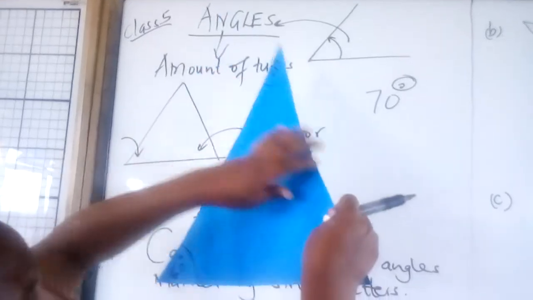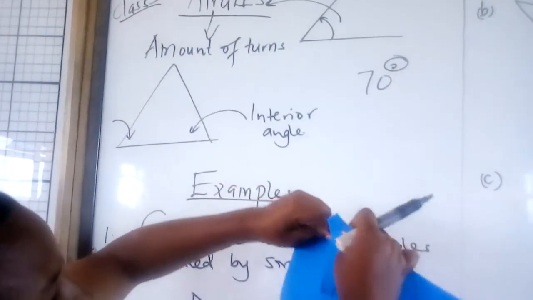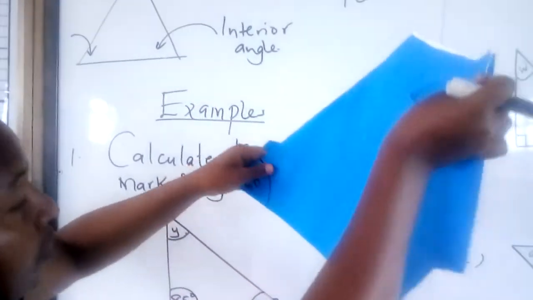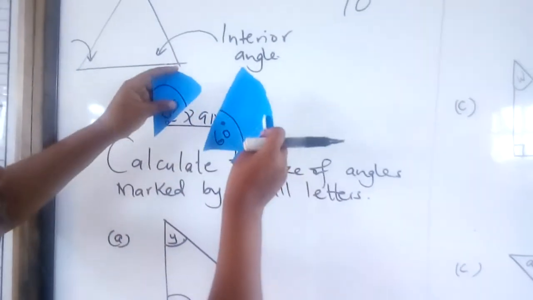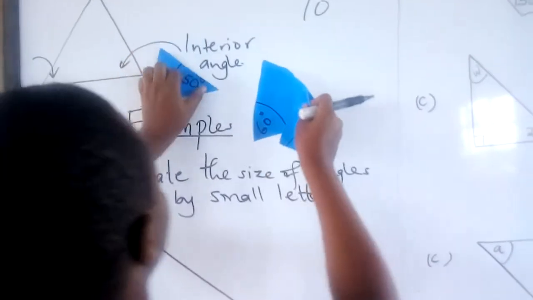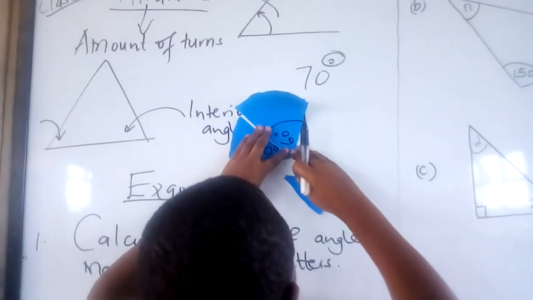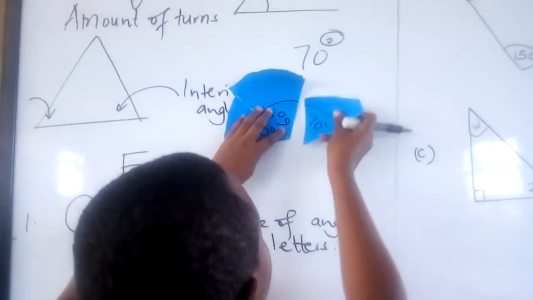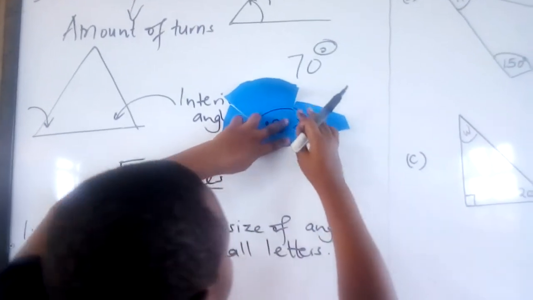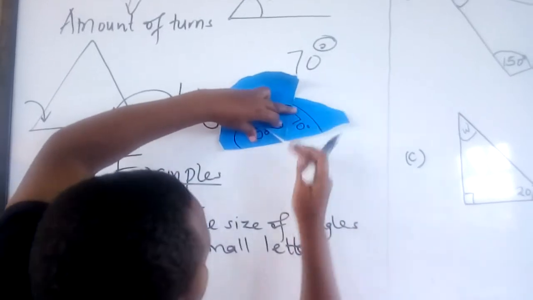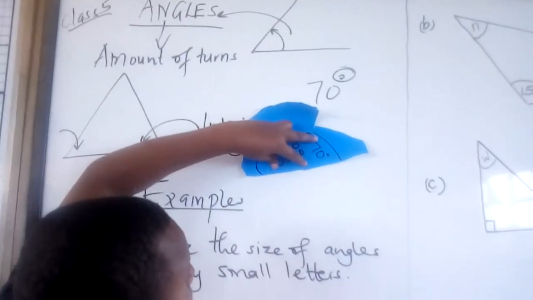So if I cut these three angles and we try to put them together, for example, if I put my 50 there, my 60 that way, and my 70, you find that they are forming a straight line.